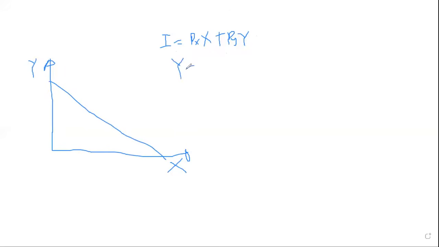If you do, then y will be equal to I over the price of y, minus px times x over the price of y. So this is how you represent the equation of this line, having y on the vertical axis and x on the horizontal axis, right?